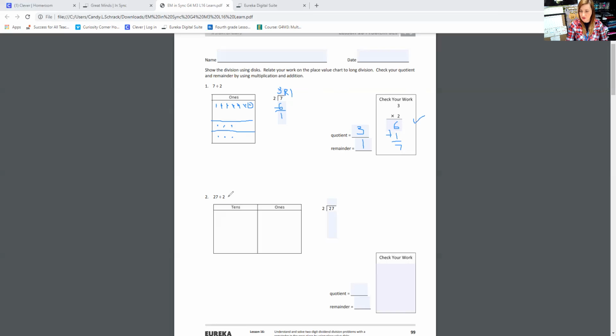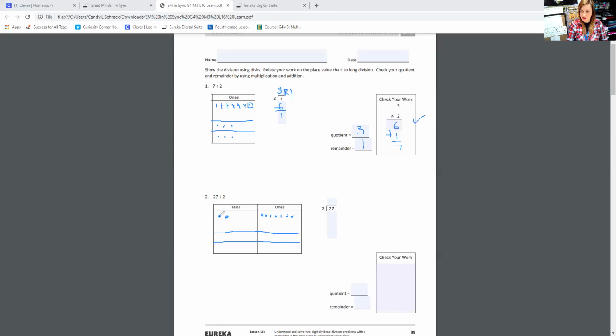27 divided by 2. So first we're going to do our number in place value, 10, 20, and then there's 7 ones. Okay, and then it says I need to divide that by 2. So let me make a place to divide it.